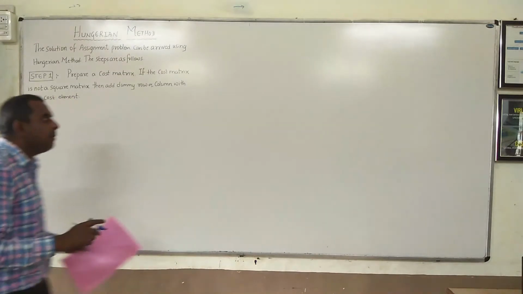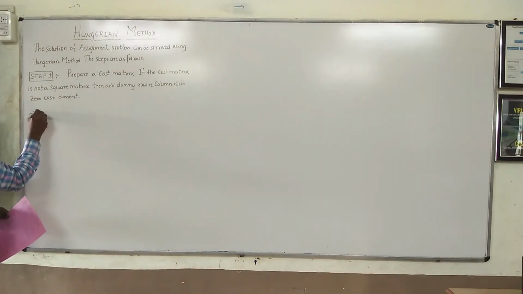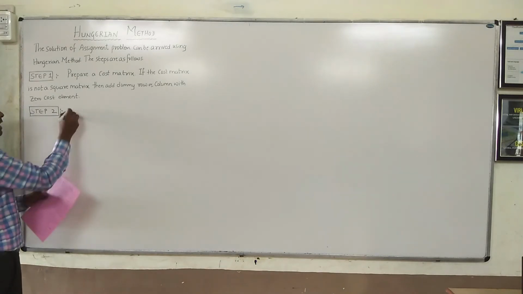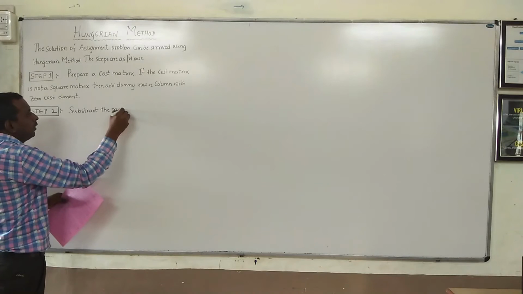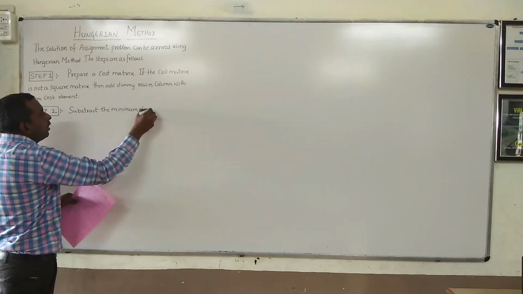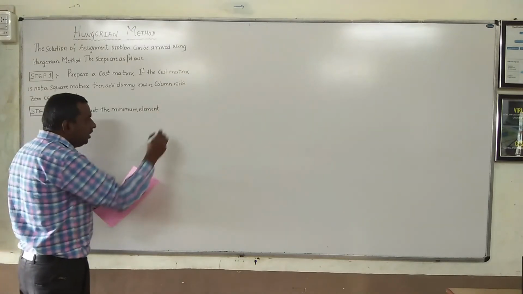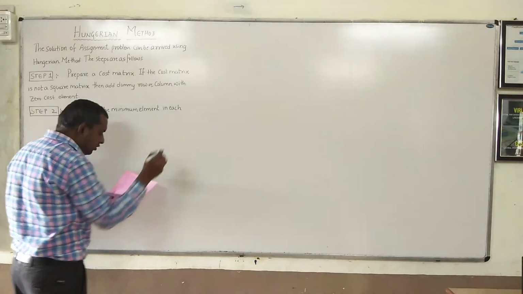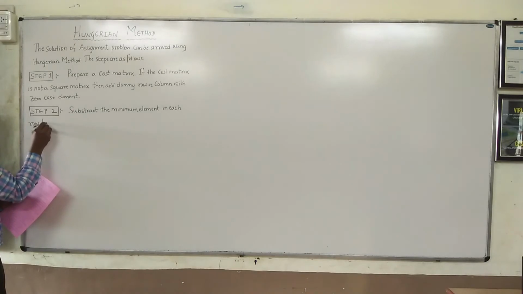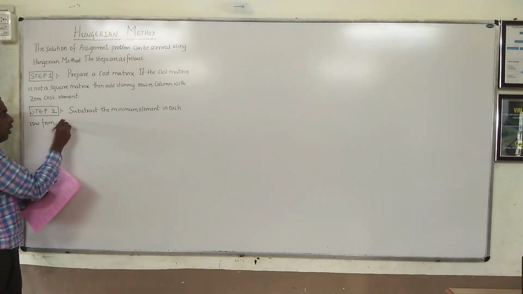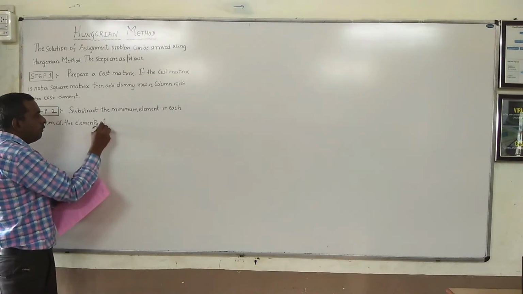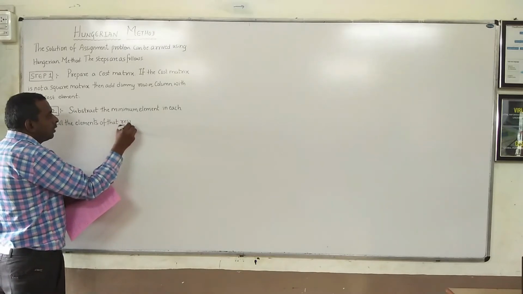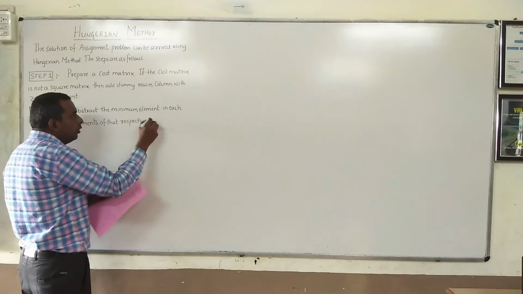Fine. So in step number 2, subtract the minimum element in each row from all the elements of that respective row.